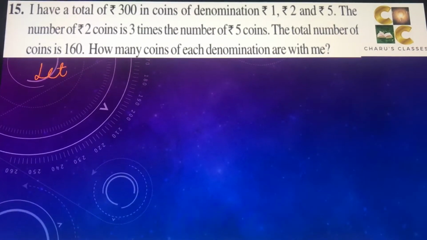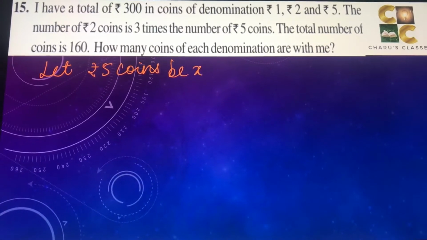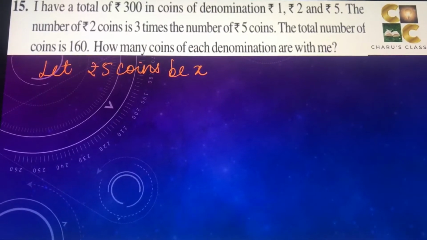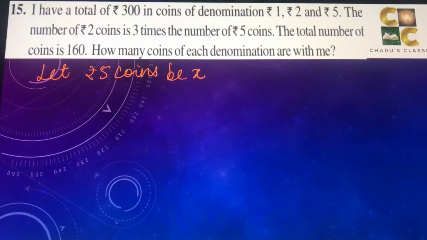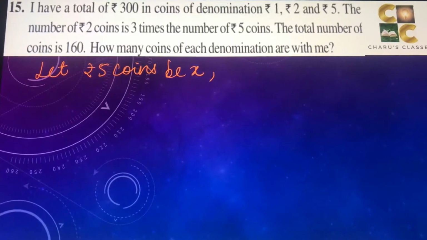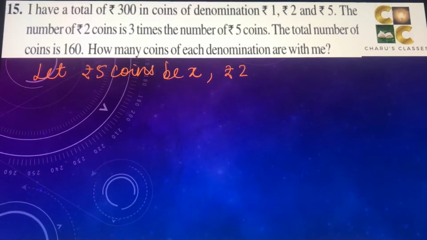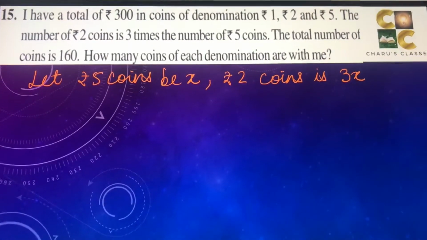So यहाँ पे हम लेते हैं let rupee 5 coins be x. Now it is given that number of 2 rupee coins is 3 times the number of 5 rupee coins. तो अगर हमने 5 rupee coins को x लिया, then the number of 2 rupee coins will be 3x. Right?